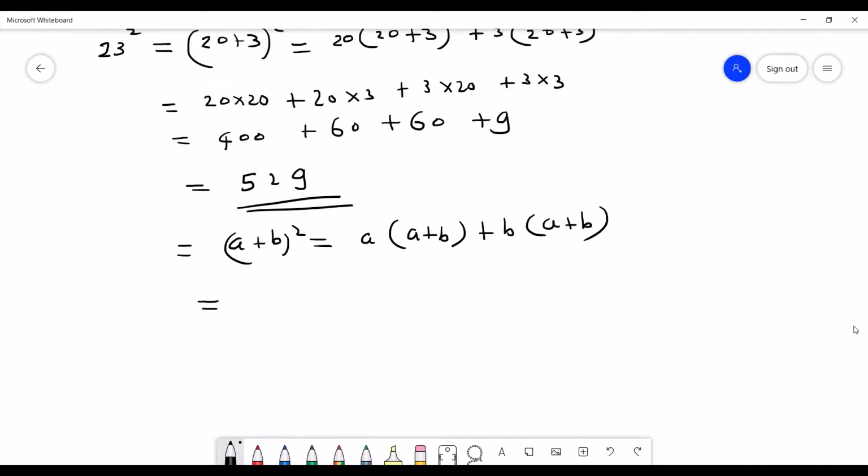Otherwise, we can write it as A square plus B square plus 2AB. Here A is representing 20 and B is representing 3.